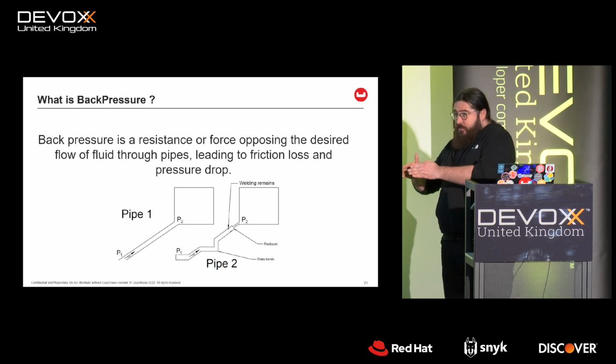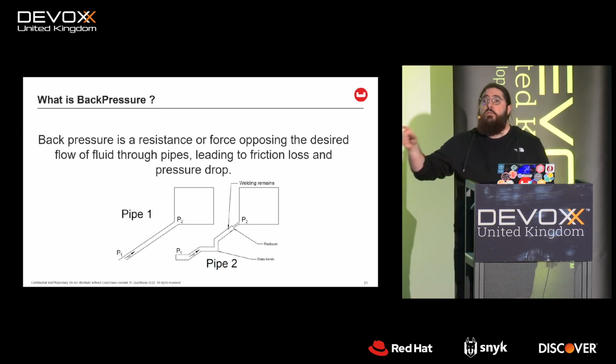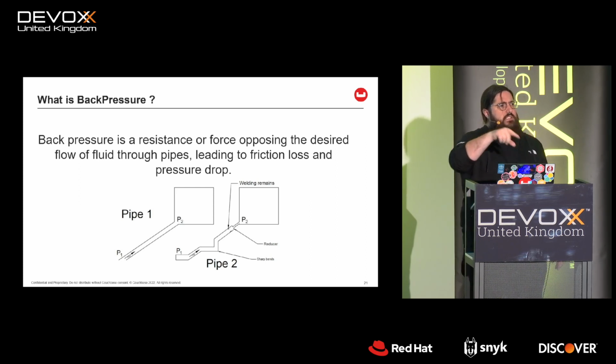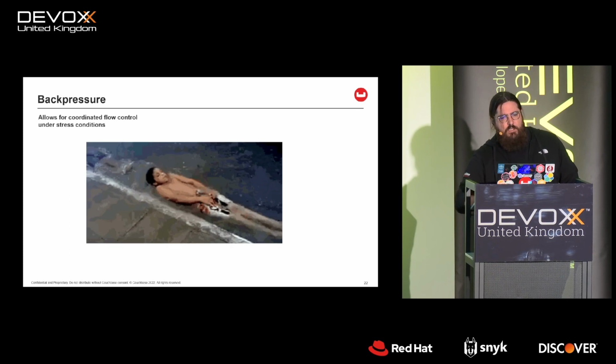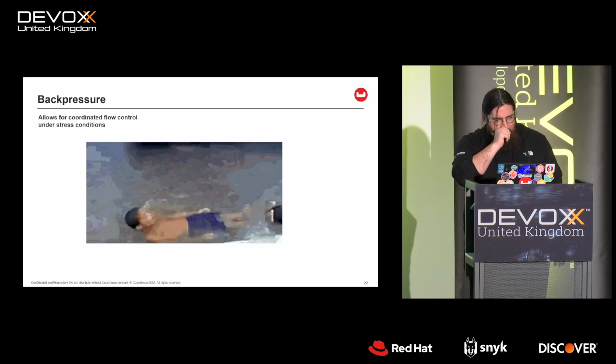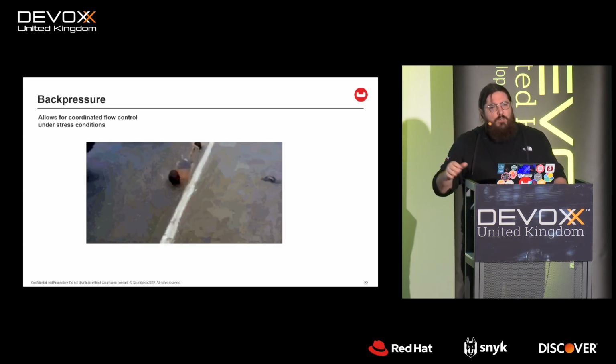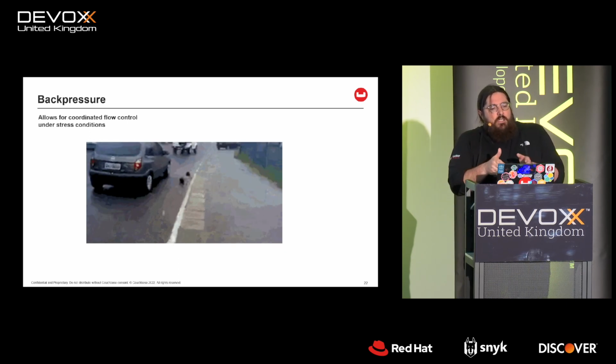You can even reduce it. So basically you can control the thing that produces pressure on your system. Another way of saying this is this GIF that I like a lot: coordinating flow control under stress conditions.